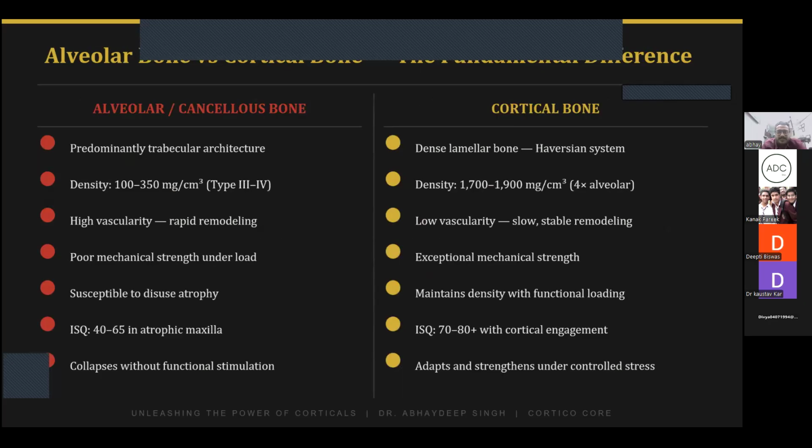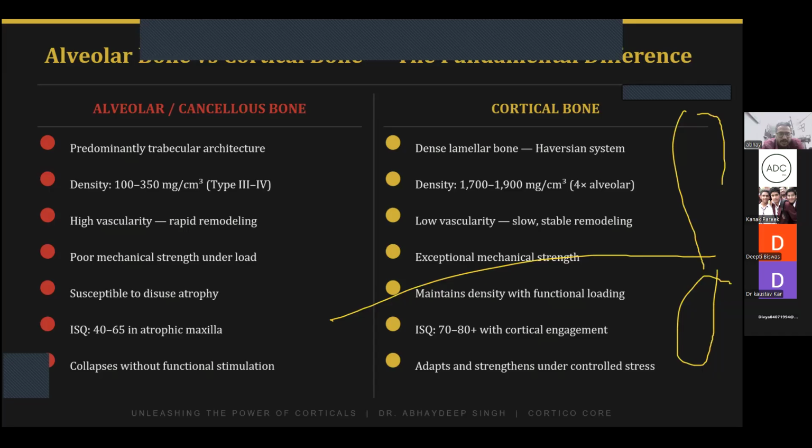Now, the difference between the alveolar and the cortical bone is quite clear. Alveolar bone is predominantly trabecular architecture, whereas the cortical bone is dense lamellar bone. It has high vascularity.